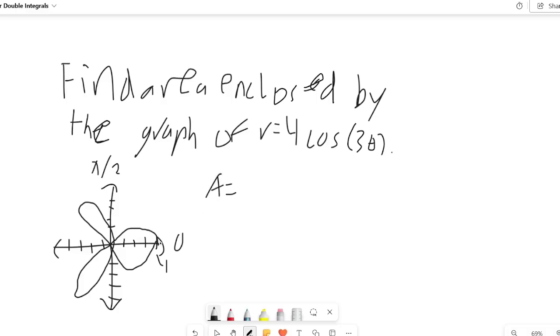So notice that from 0 to pi over 6, it goes from cosine of 3 times 0, which gives 4 times 1, so it is 4. But at pi over 6, this thing becomes pi over 2, and cosine of that is 0. So that's where you're going to hit that spot. And then let's say we do pi over 4, which is further down. You're going to get cosine of 3 pi over 4, which is less than 0.